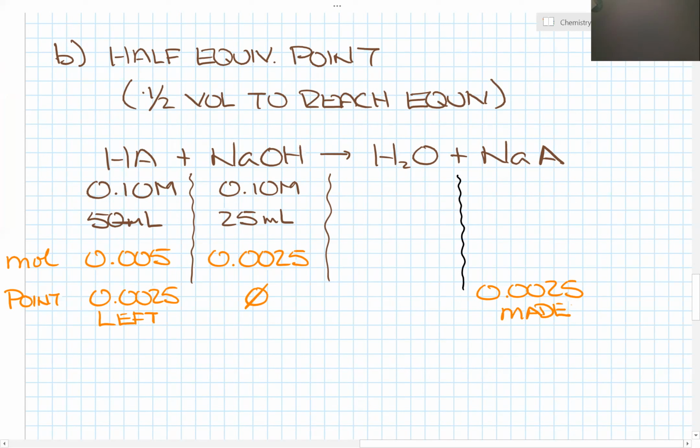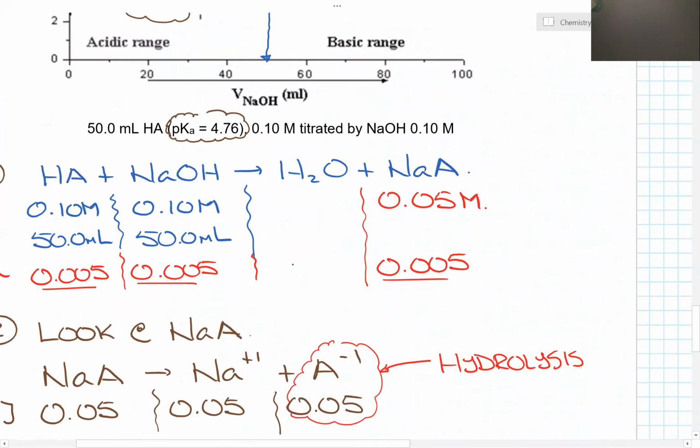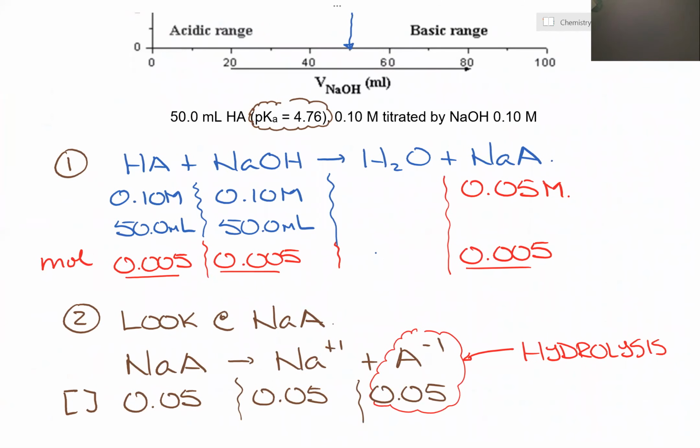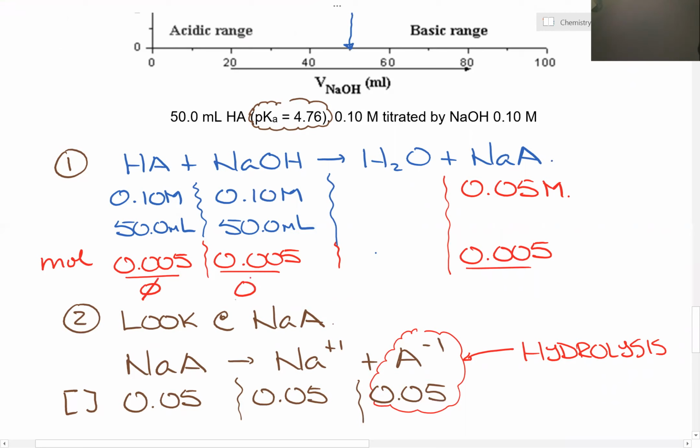Okay? Be very careful. All right? Here, at the equivalence point, what would have happened is you would have had 0 left over, 0 left over, and 0.005 made.